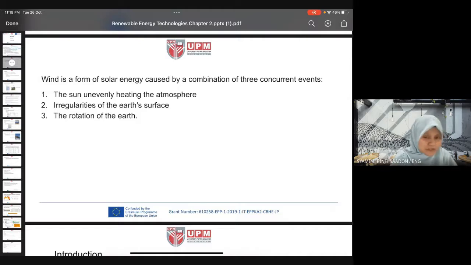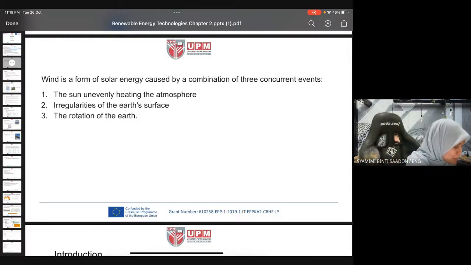The surface of the earth has different levels, different altitudes; we have mountains, etc. And then the rotation of the earth. So our earth rotates. These three events cause the wind in our ambience. So from there we have wind.